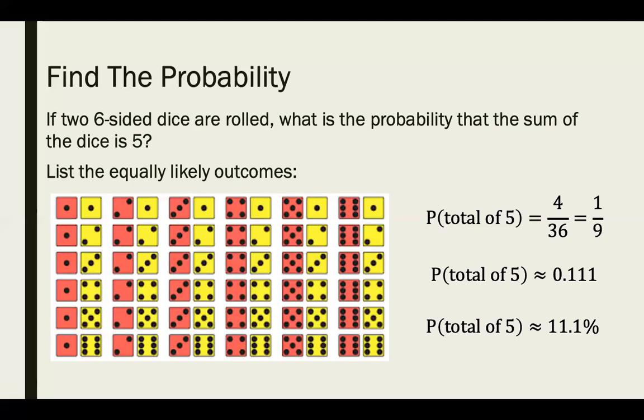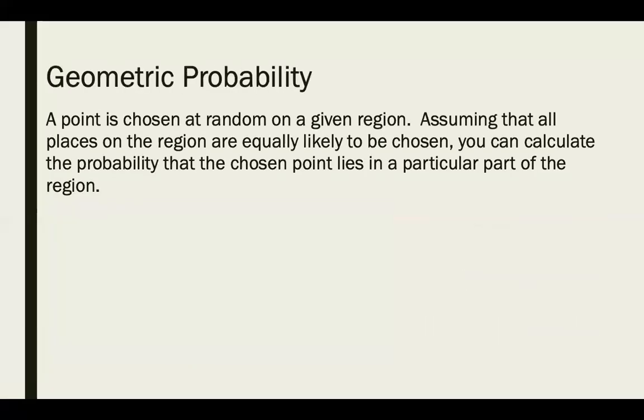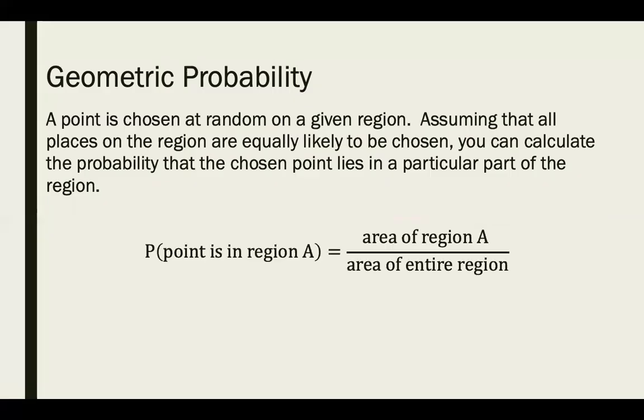All right, you might think, what does this have to do with geometry? Well, we can talk about probability in terms of area. So if we have a region and we are choosing a random point on that region, we can calculate the probability that a point is in a certain part of that region. And we calculate that probability the same way as the problems we just did.